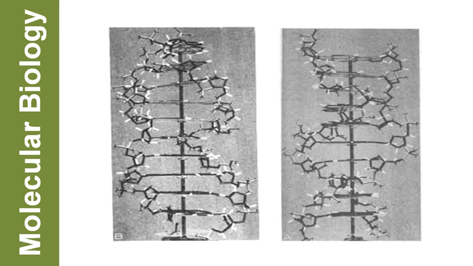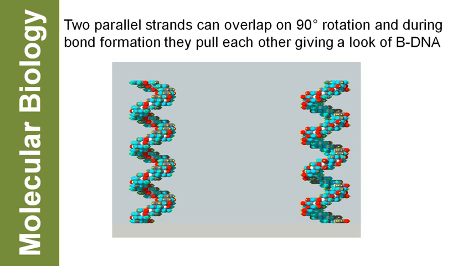This is the photograph showing at first the SBS model, side by side model, and then B-DNA. Now I am showing how two parallel strands of DNA, seen at 90 degree perpendicular, can come closer to each other and look as double-stranded DNA when the observer moves at 90 degree.